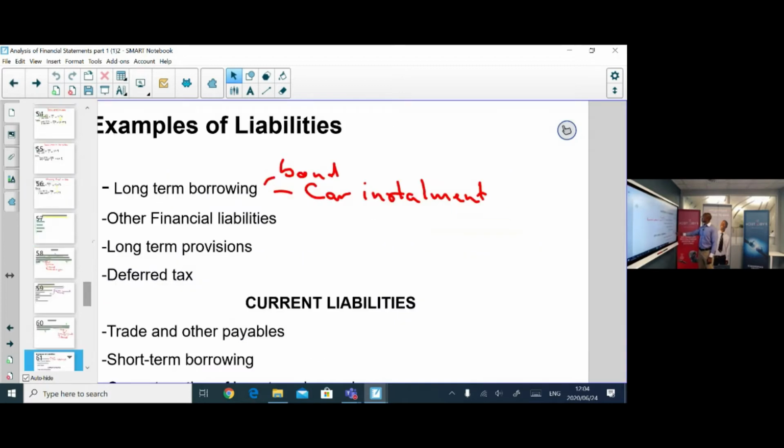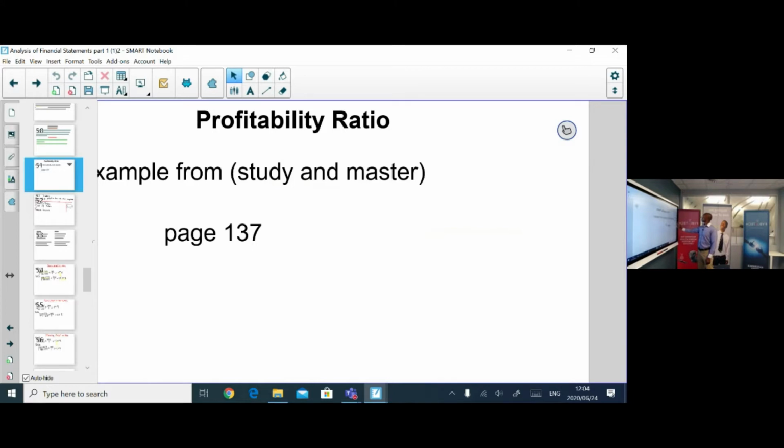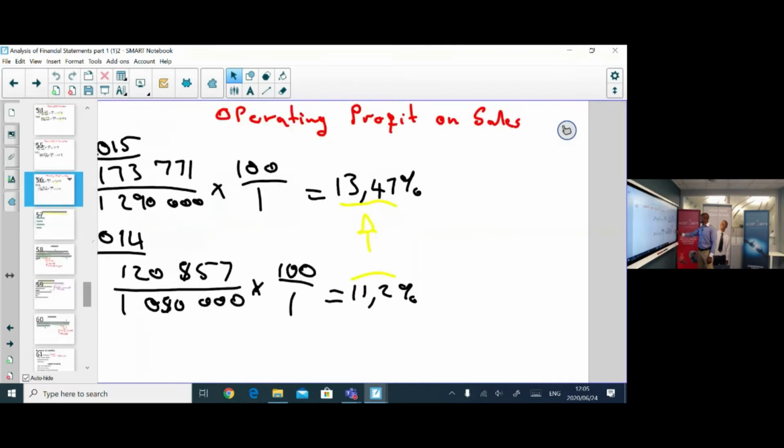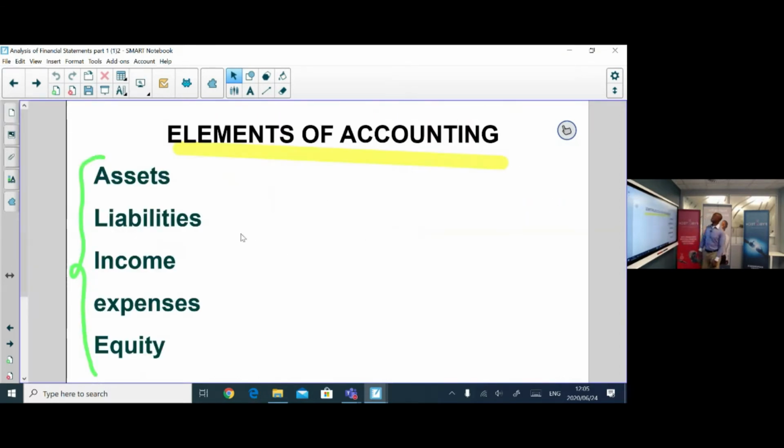We did a few things relating to assets, liabilities, income, expenses, and equity, and we have already explained this. We won't repeat it again. I hope you now understand.